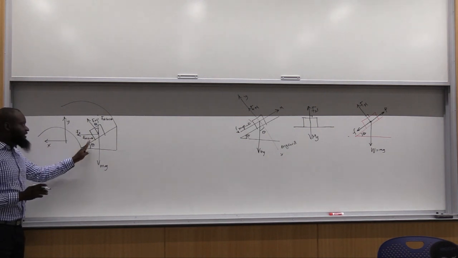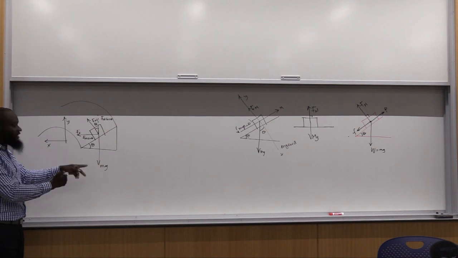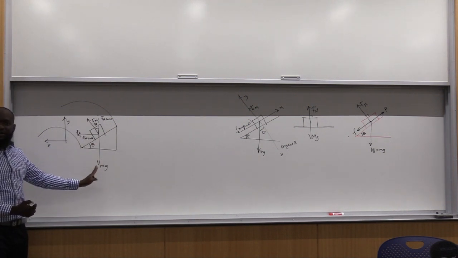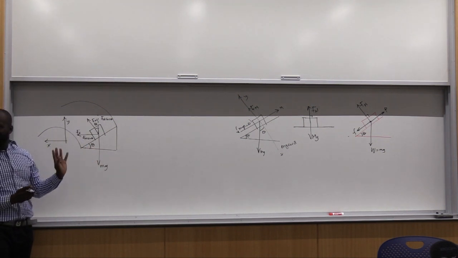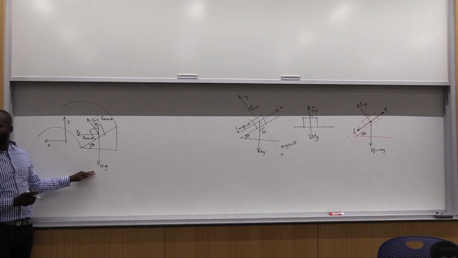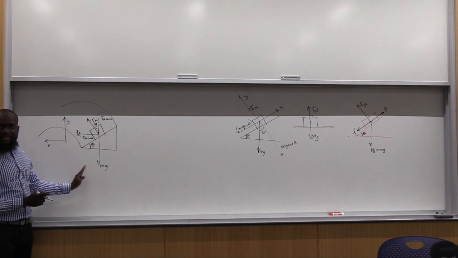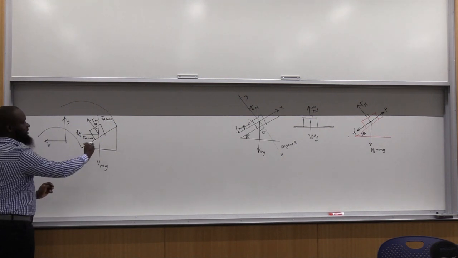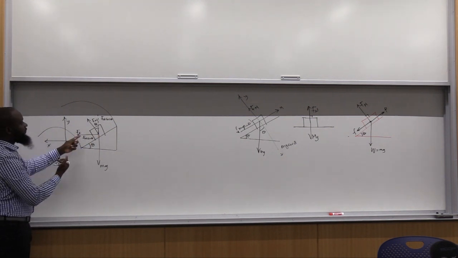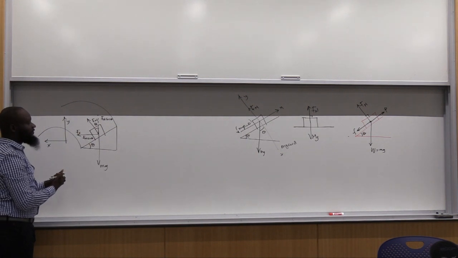Now I don't need mg sine theta anymore because I've changed. The weight is directly in the y-axis now. It has no component anymore. Are you getting that? So I don't need mg sine theta, mg cosine theta, because the weight is in the y-axis and my centripetal force is going to be furnished by a component of the normal force here.